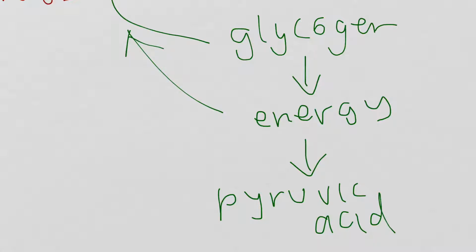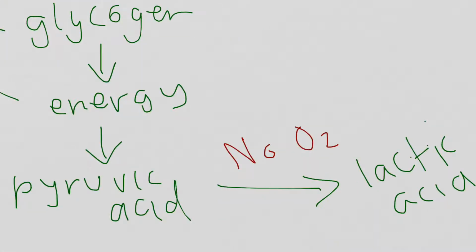However, when glycogen is broken down, the leftover product is called pyruvic acid. Now, if pyruvic acid doesn't have any oxygen available, it turns to lactic acid. And we know that lactic acid, if there is a build-up in our muscles, is what causes the feeling of fatigue and forces us to reduce our intensity of exercise.